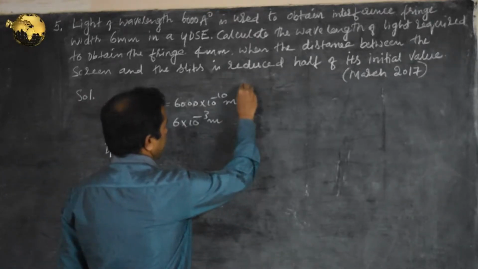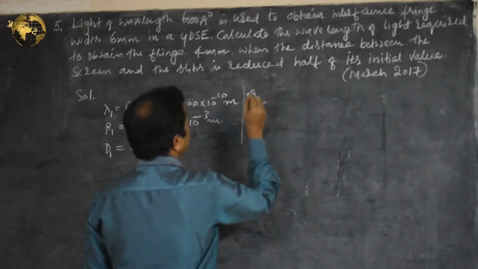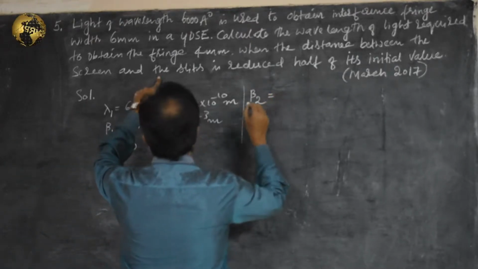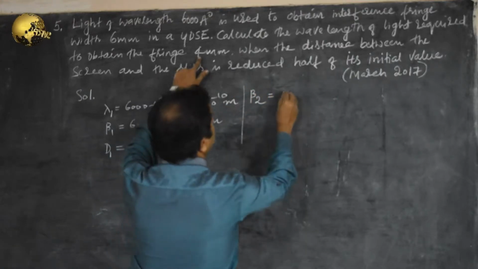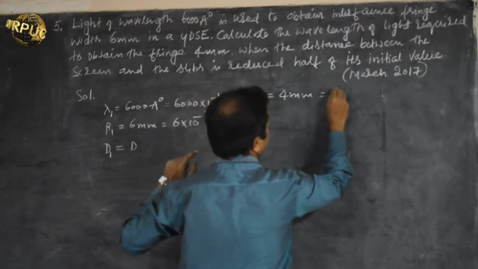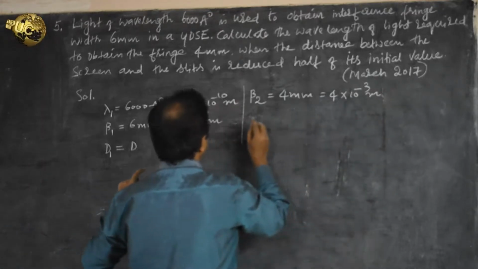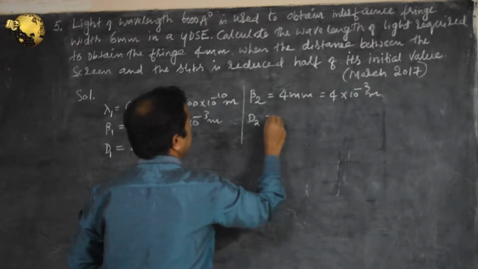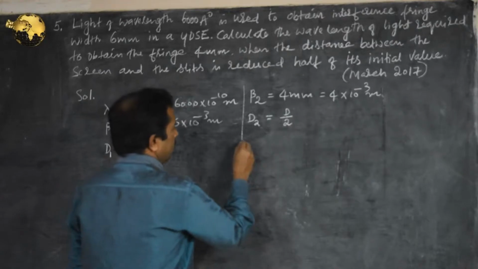So in the second case, beta 2 is equal to 4 millimeter. So this is equal to 4 into 10 to the power minus 3 meter, and D2 is equal to D divided by 2.